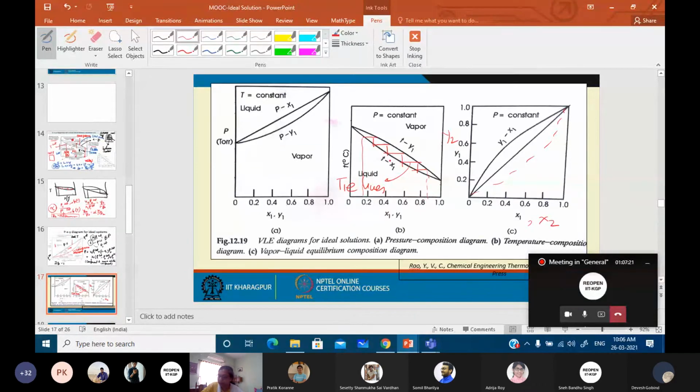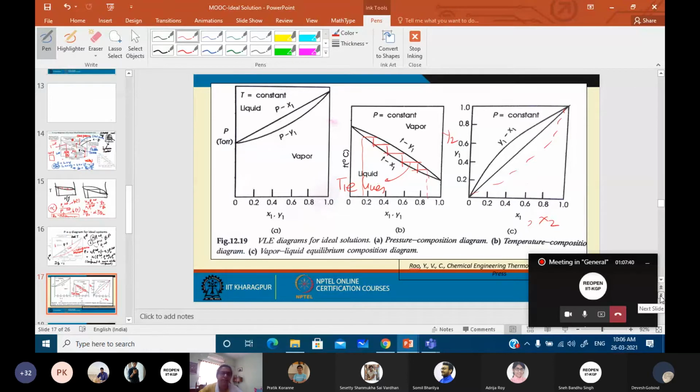So the number of stages that you require, that is important. And again from here it's evident that if we had a fatter curve, then naturally the number of stages would have been lesser. The thinner you get, the smaller is this liquid vapor region, the more is the number of stages.